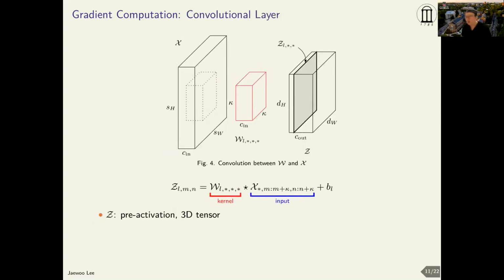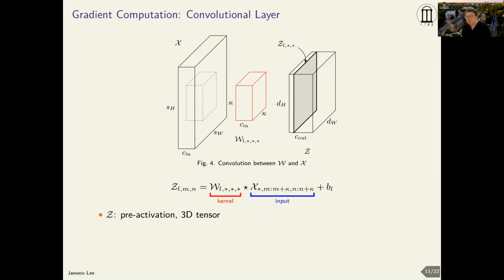Let's take another example. The second example is the convolutional layer. The convolution is also a linear operation, and similarly, we denote the pre-activation by Z, W denotes the kernel, and X denotes the input image.